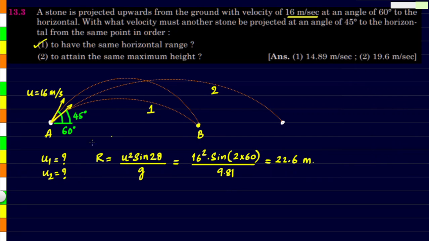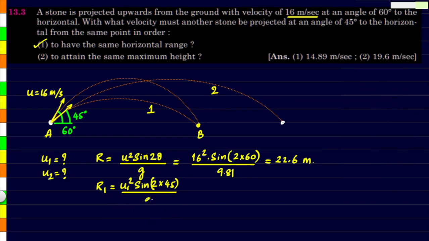Now for the other object we need to have the same range, so R1 is going to be 22.6 and we are supposed to find the velocity u1. R1 will be equal to u1 square sine 2 theta divided by g. Theta has been given as 45 degrees, so let us substitute that.